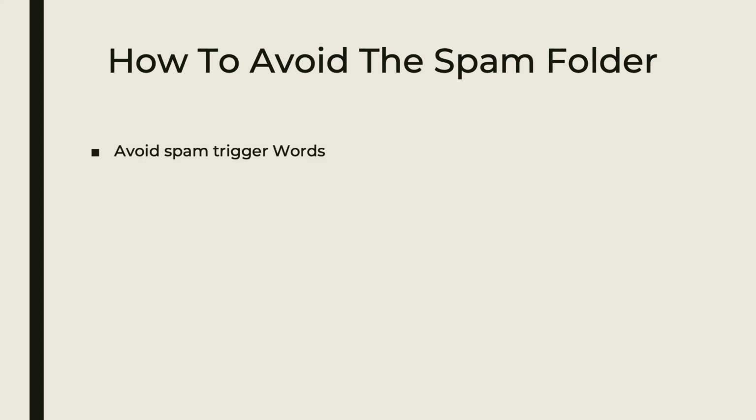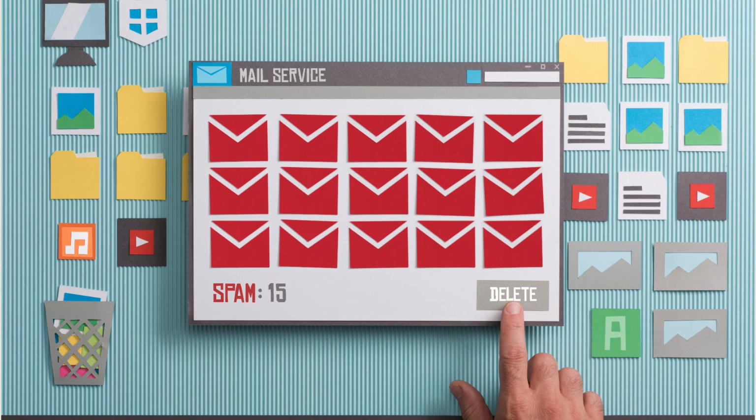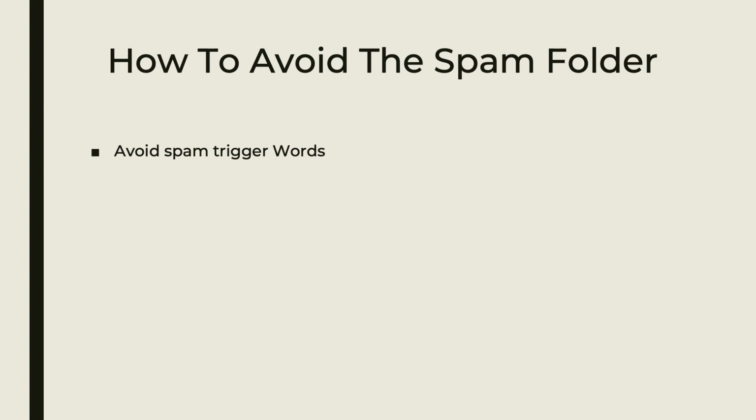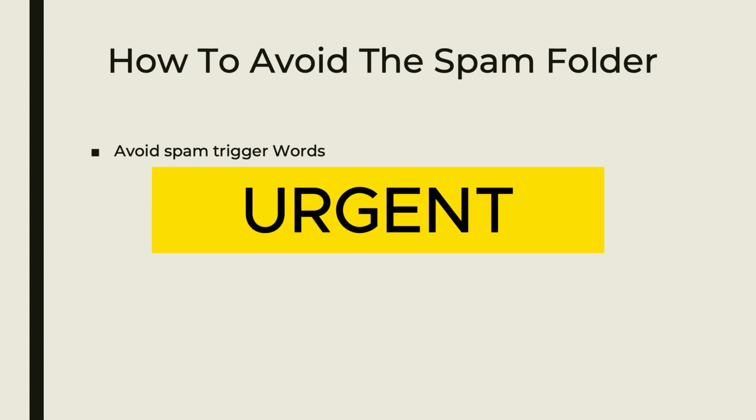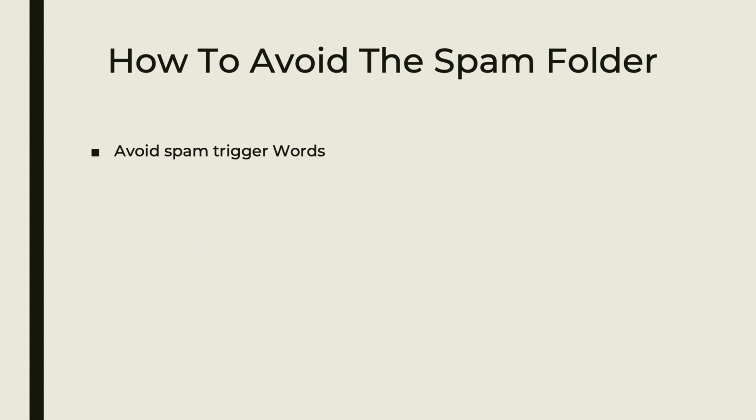All right, so the first one is avoid spam trigger words. A lot of email service providers have filters that are designed to flag emails that contain certain words that are commonly associated with spam, such as free or urgent or win, or excessive use of exclamation marks. So try to focus on providing valuable and relevant content.